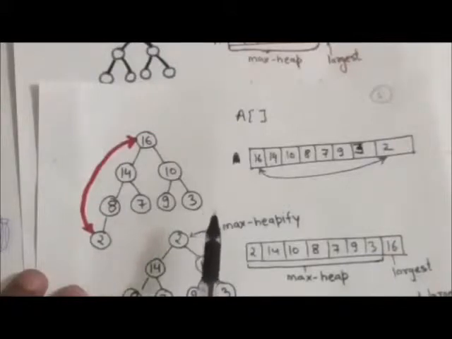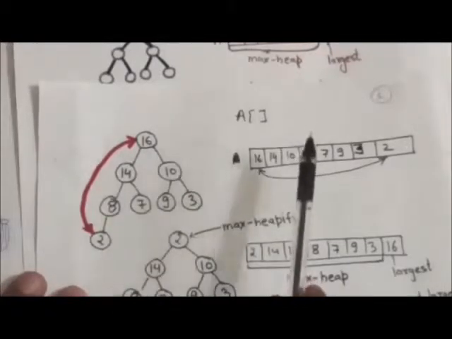We know that heaps are implemented by arrays in memory. This max heap is stored in memory as an array A. We will exchange the root of this max heap with the last node of the heap.